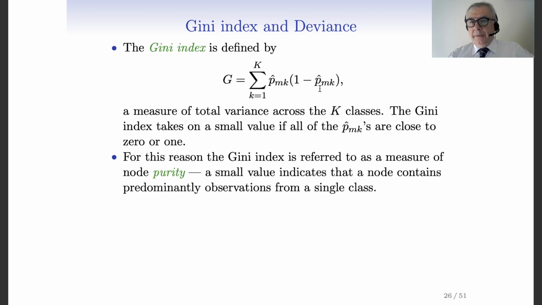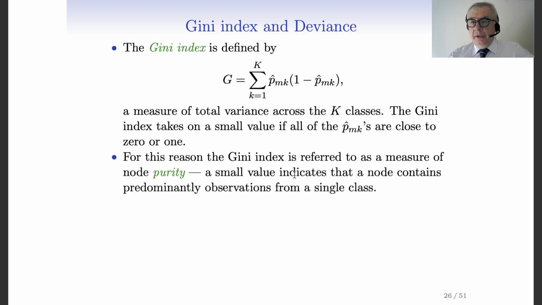So if within your region all the classes but one are close to 0, and only one is close to 1 with their p hat mk, then you will have a very small Gini index, and for this reason, this index is referred to as a measure of node purity.